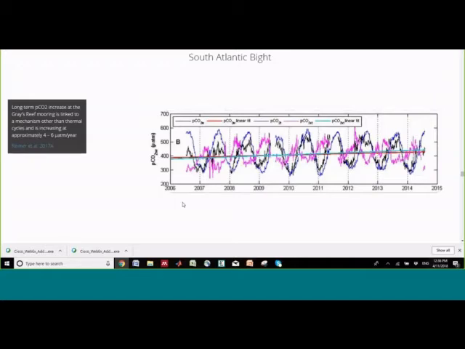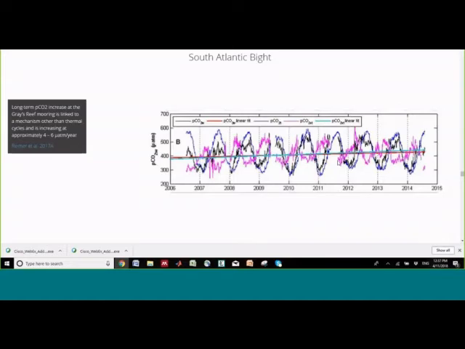I did a time series analysis, and I just want to draw your attention to the black line, which is the CO2 from 2006 through the middle of 2014, and the red line, which is the linear increase after a method of deseasonalization, and then the purple line, which is pCO2 adjusted to show only non-thermal, or free from temperature influence, and this blue line, which is that linear increase.